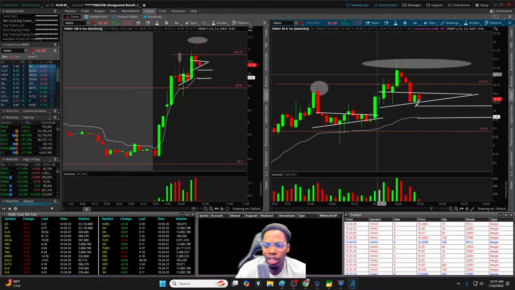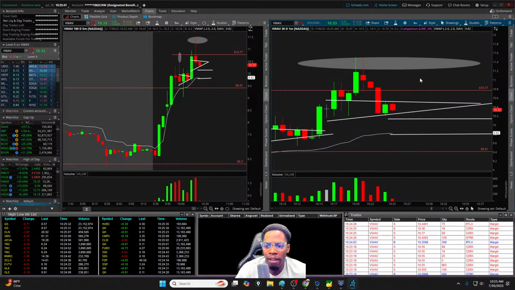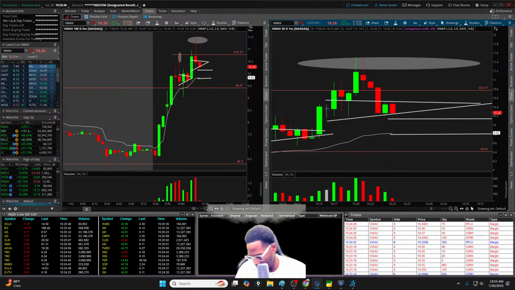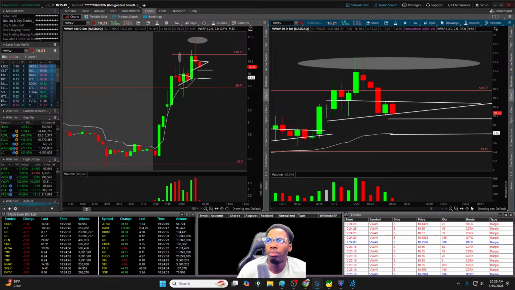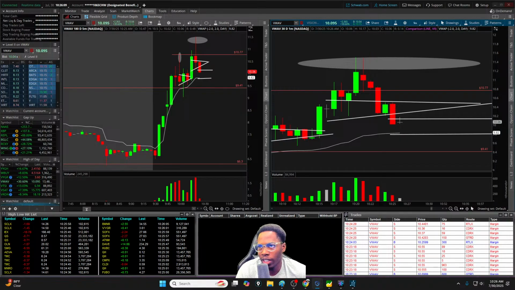New lows below this 10-20 level if it doesn't hold. The halt down is at 960, 959.